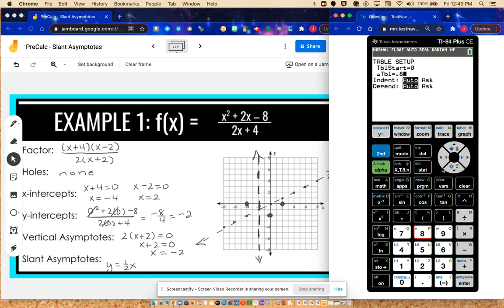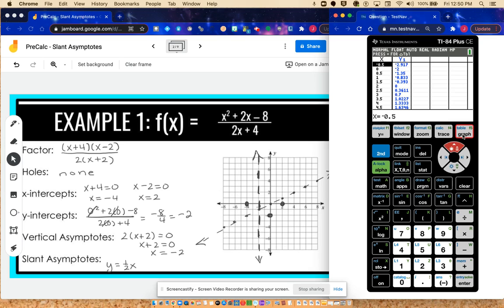We'll count by 0.5, and let's see what our table looks like. Okay, so let's find that asymptote. There it is at negative 2. To the right of the asymptote at negative 1.5, we're at negative 8 3/4. So that's going to be down here somewhere. At negative 1, we're at negative 4.5.